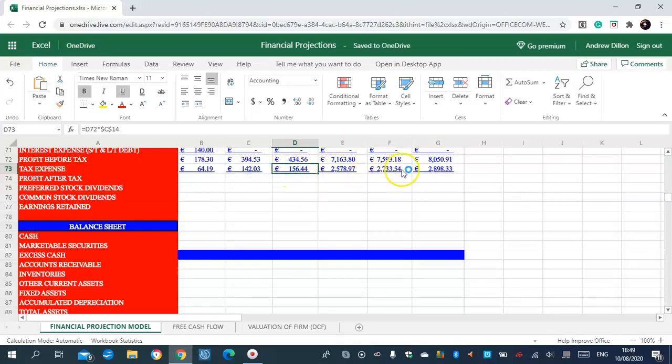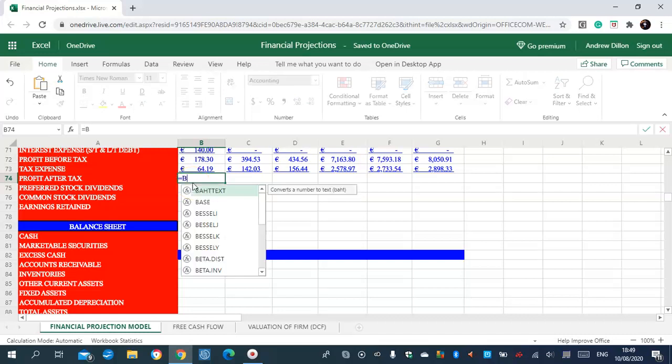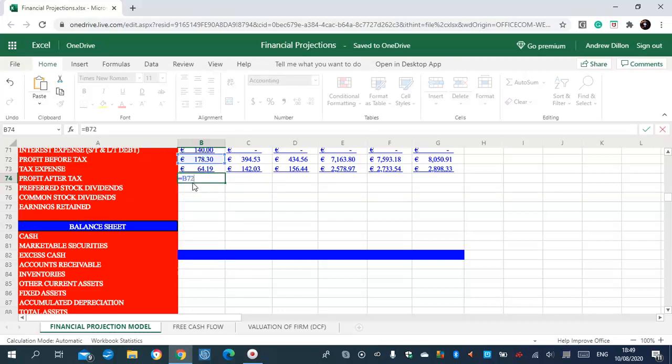So far so good. Okay, now we need to find and calculate the profit after tax. Simply B72 minus B73.